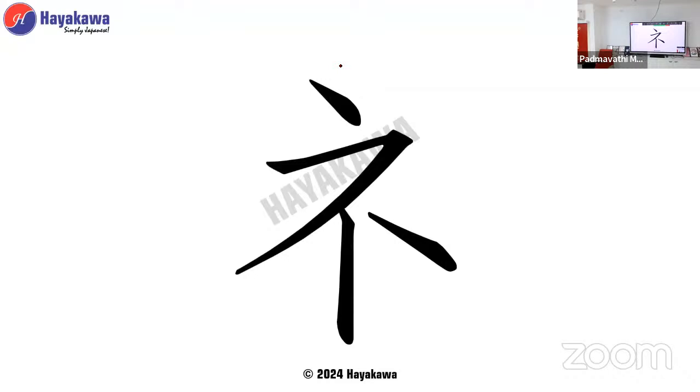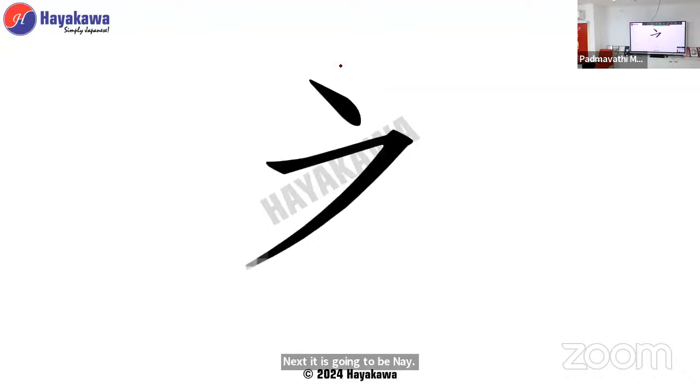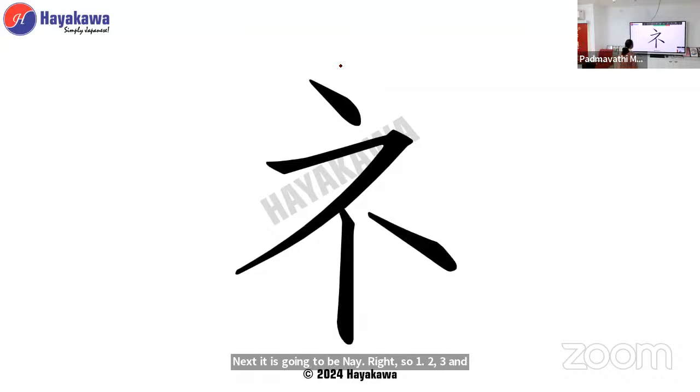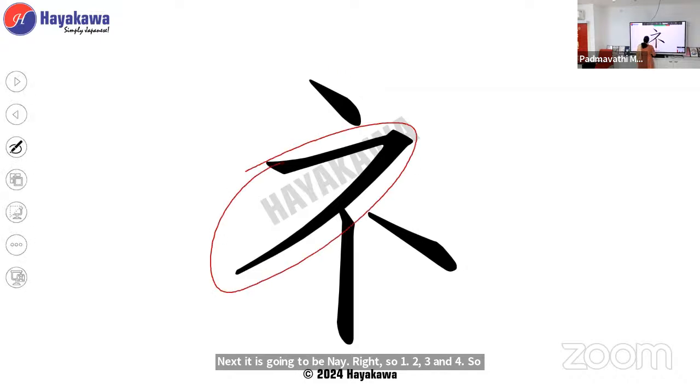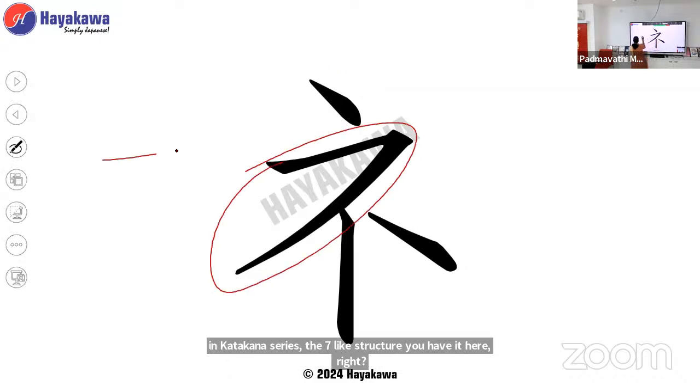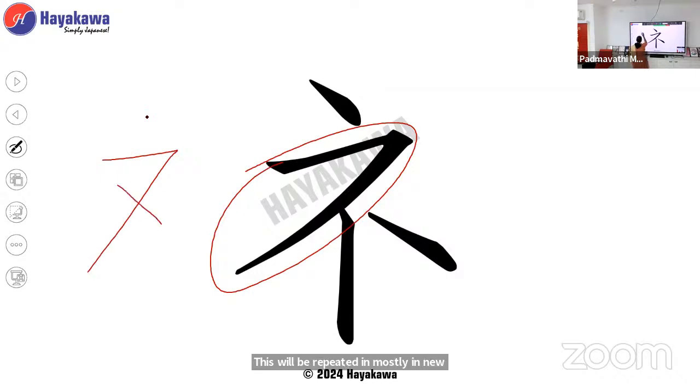Next it is going to be ne. So 1, 2, 3 and 4. In the katakana series, the 7-like structure you have here will be repeated in most. In nu also we have this, and in su also.